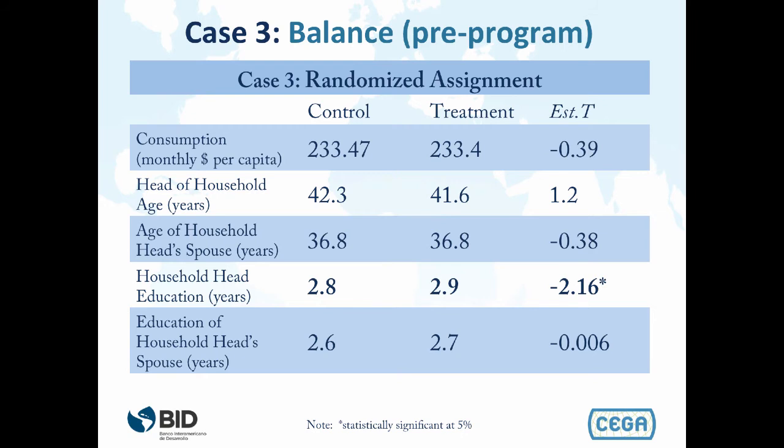But we do have the household head's education in years being statistically different. Here, the control group, the mean number of years is 2.8, and the treatment group, it's 2.9. The t-statistic on that difference is 2.16. Now that's statistically significantly different, and I'm going to come back to this in a minute.